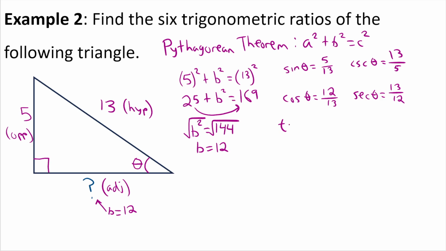And tangent is equal to 5 over 12, and the reciprocal of tangent is cotangent, 12 over 5. Voila, that's your 6 solutions, but using the reciprocal helped with finding 3 of them much easier than normal.